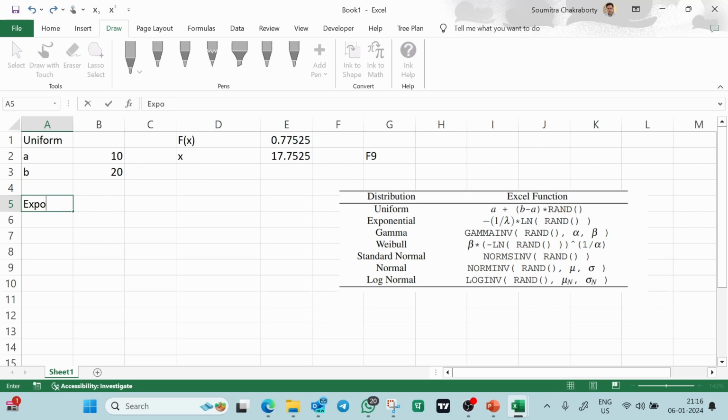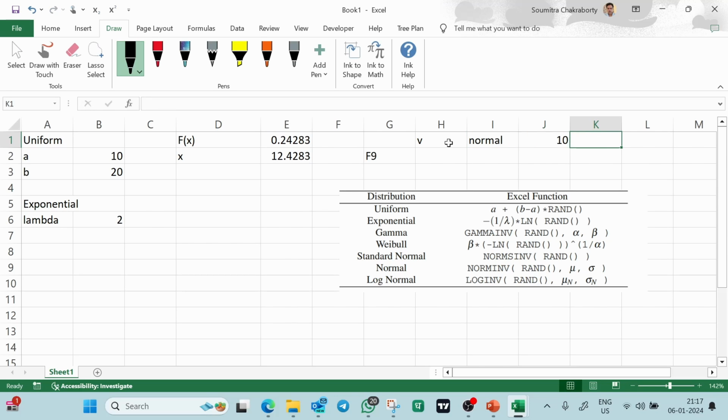Similarly for exponential, what are the parameters? There is only one parameter, lambda. Suppose this is 2. Again I am saying the distribution parameter values will always be given to you. So suppose in our example, unit variable cost was v, so it will be given to you that v will follow a normal distribution, say mean 10 and standard deviation 5, something like that.